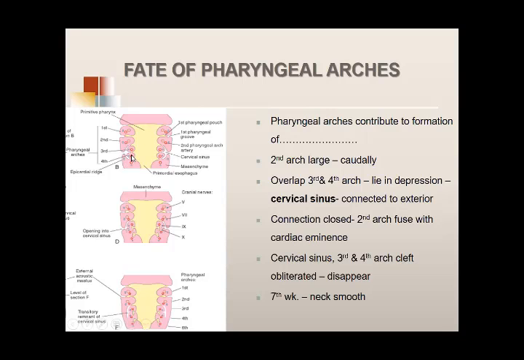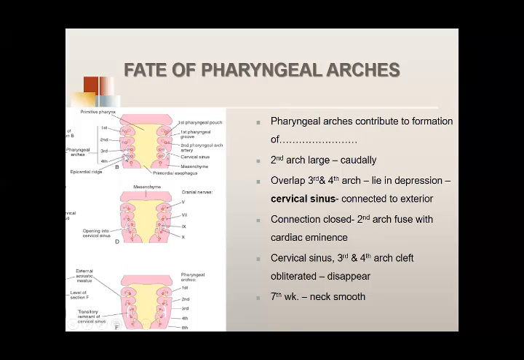Okay. अब as the second arch is growing caudally, ये जो third and fourth arch हैं, ये देख लीजिए, they come to lie in a depression. ये एक cleft या depression सा produce हो गया, जिसमें दोनों बेचारी arches पड़ी हुई हैं, third and fourth, being overlapped by the second arch.